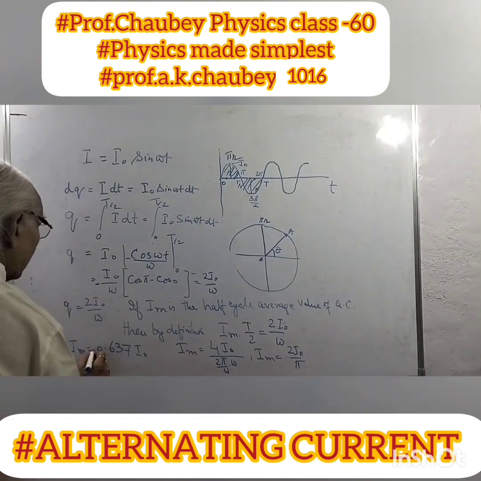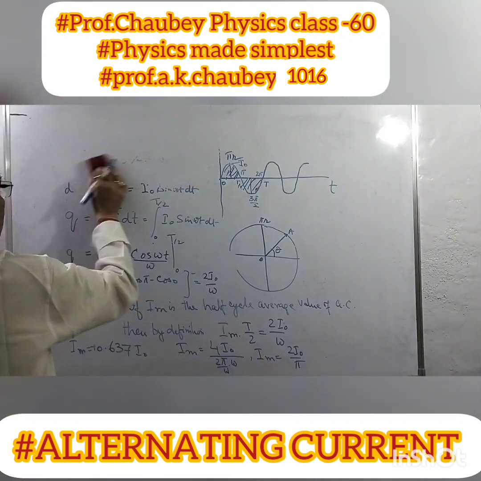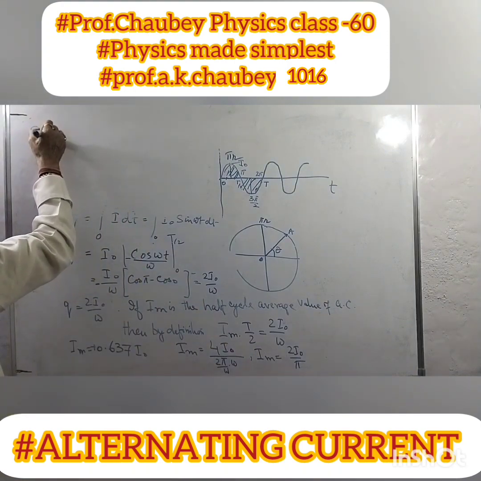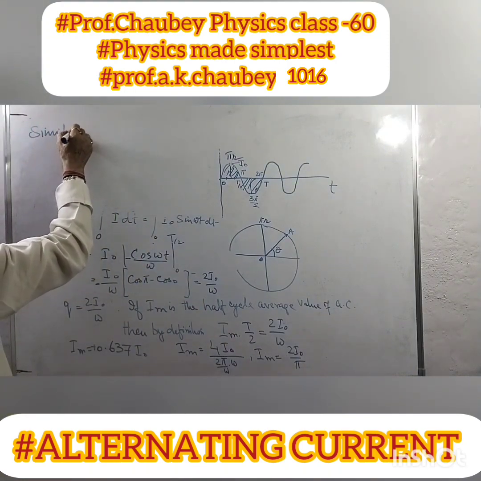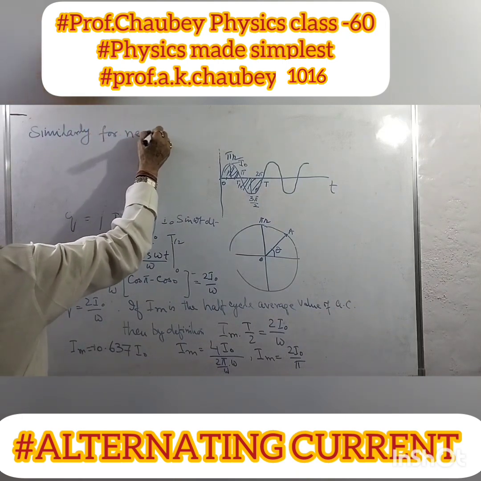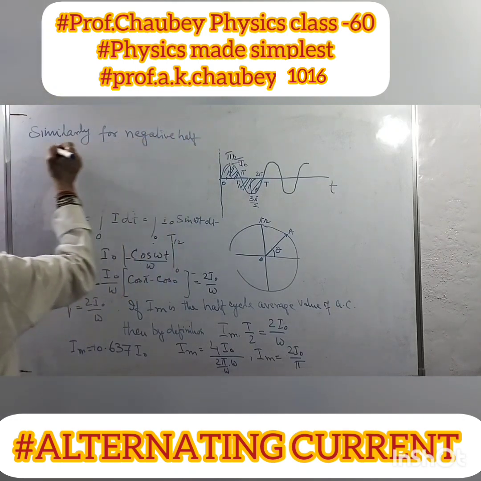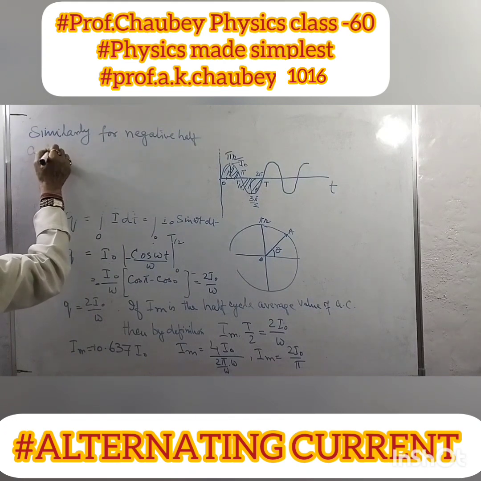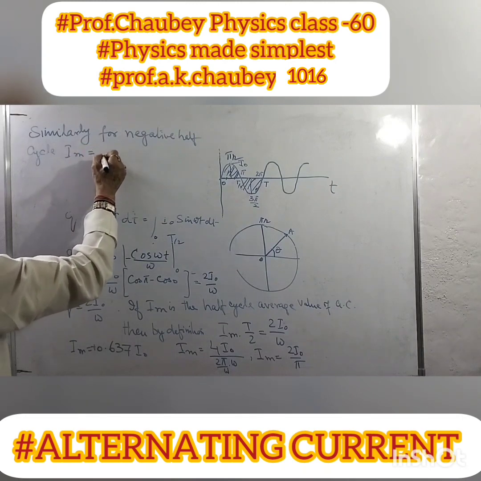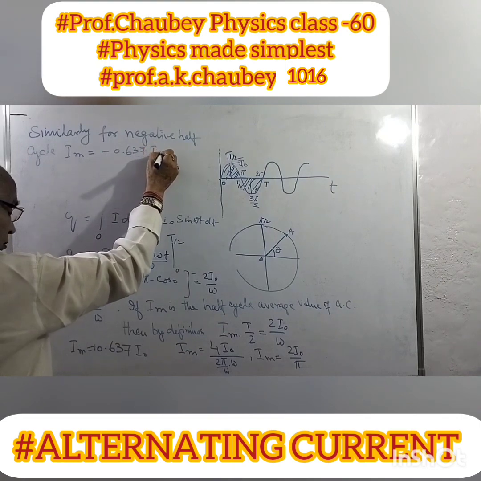And remember, this is a positive value, one direction positive. Similarly, for the negative half cycle, the mean value of Im will be minus 0.637 I naught.